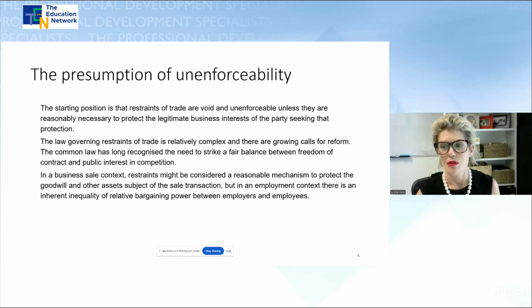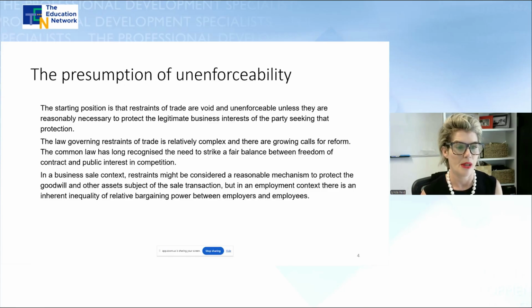Now, the law that governs this area is relatively complex, and there are growing calls for reform that we're about to have a look at, both in Australia and in other comparable jurisdictions, but not all comparable jurisdictions. Australia is a bit of an outlier in the Southeast Asian area of the world in which we're often operating.